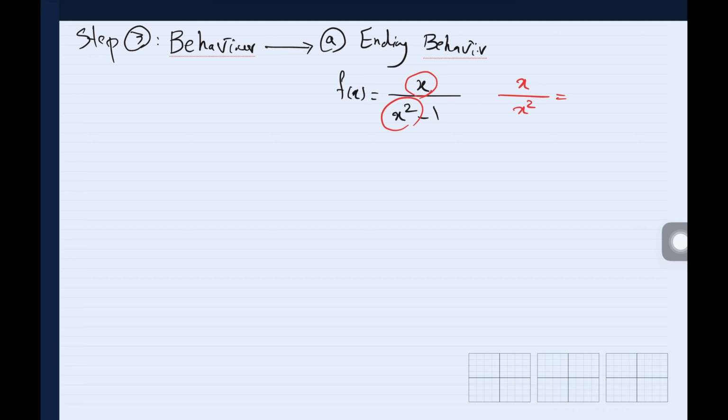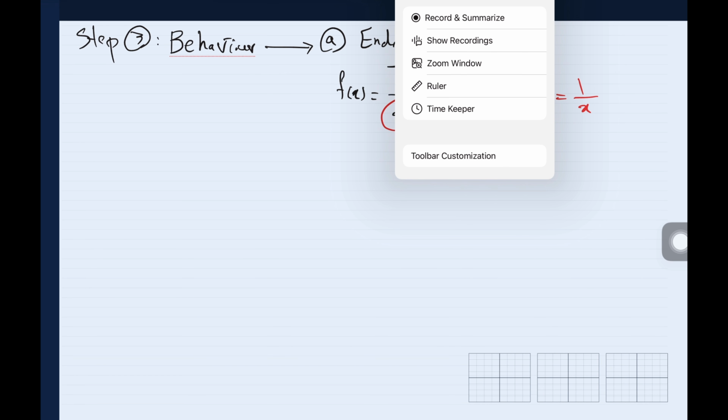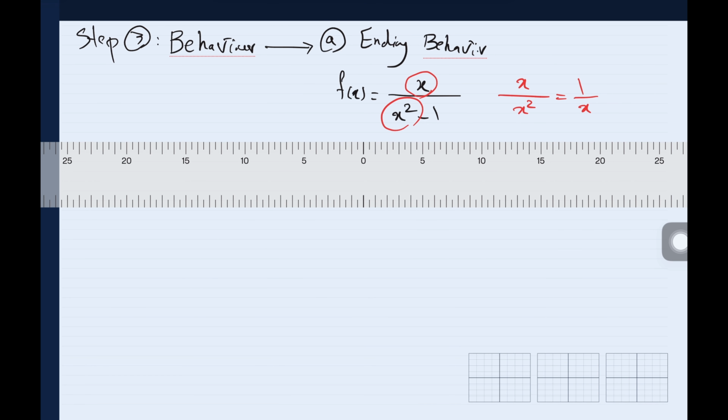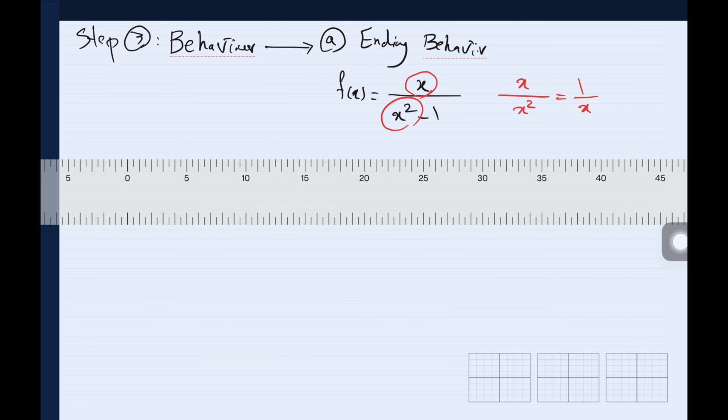So it's going to be 1 over x. That means if I want to know the ending behavior of this function, I'm going to show that on a graph, which would be better for you.